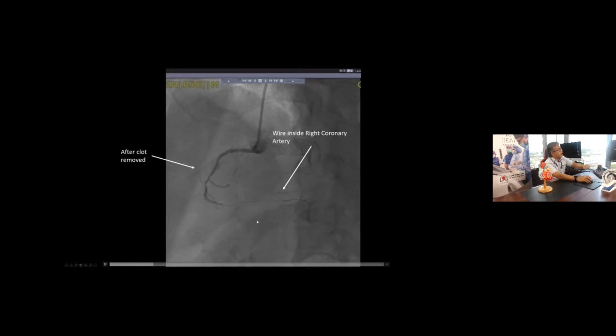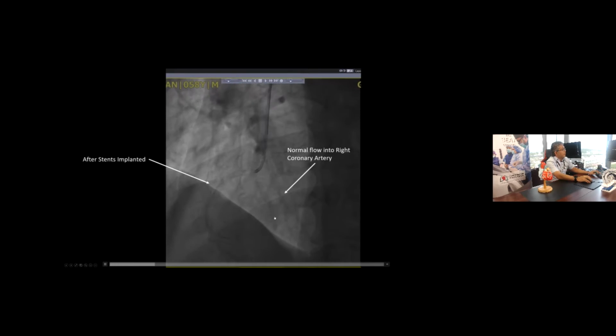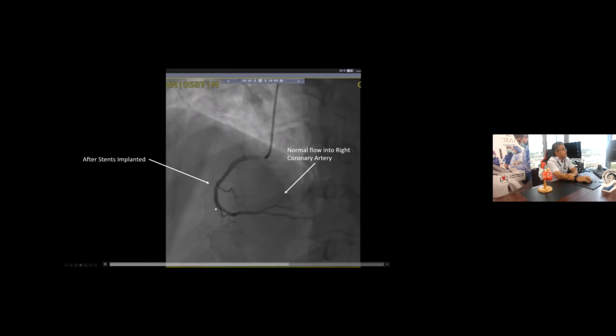And this is what it looks like after we sucked up the clot. So now the blood flow is a lot better. You can now see that there's some blood getting towards the end here, but there's still a very bad narrowing where the blockage was. So this is the part where we put a balloon and then we put a stent inside. And this is the final result after we put the stent inside.